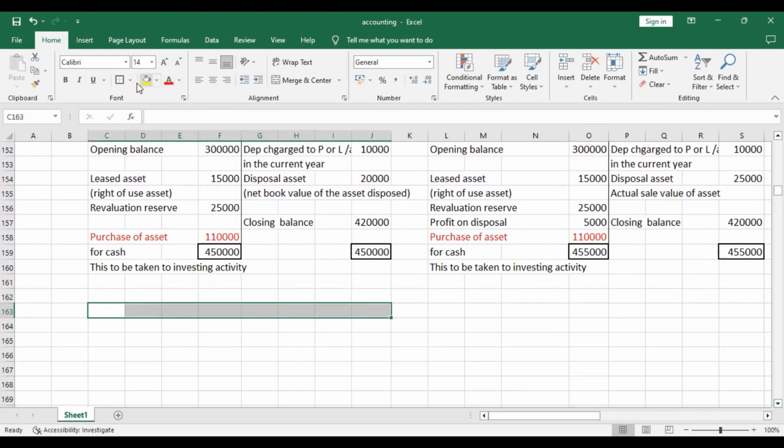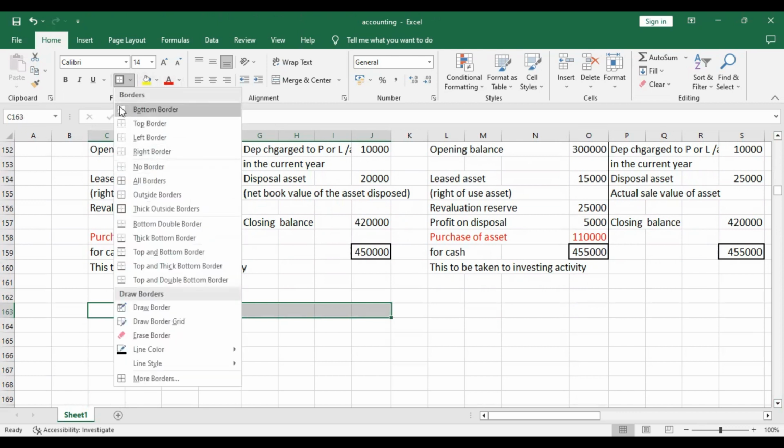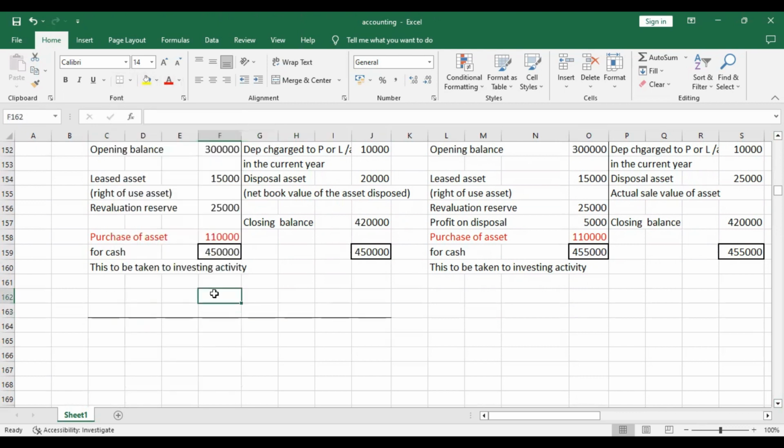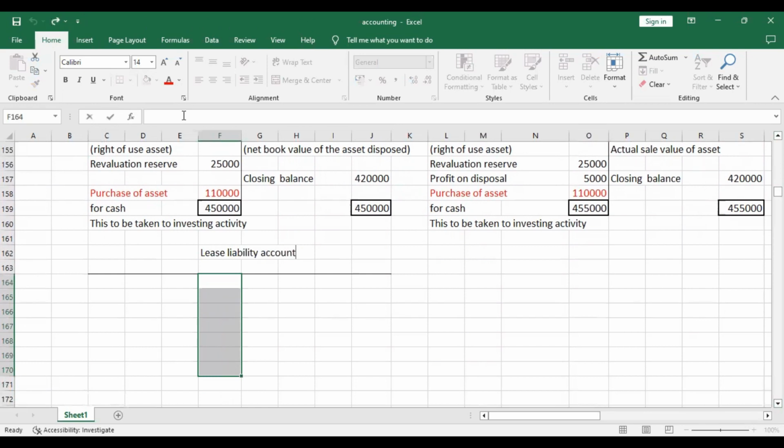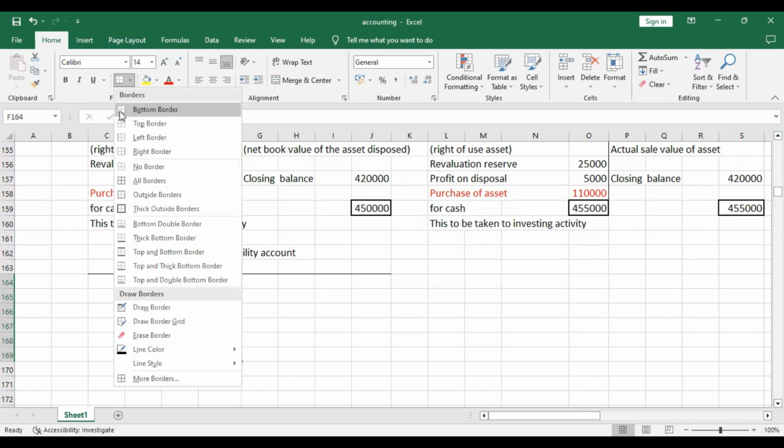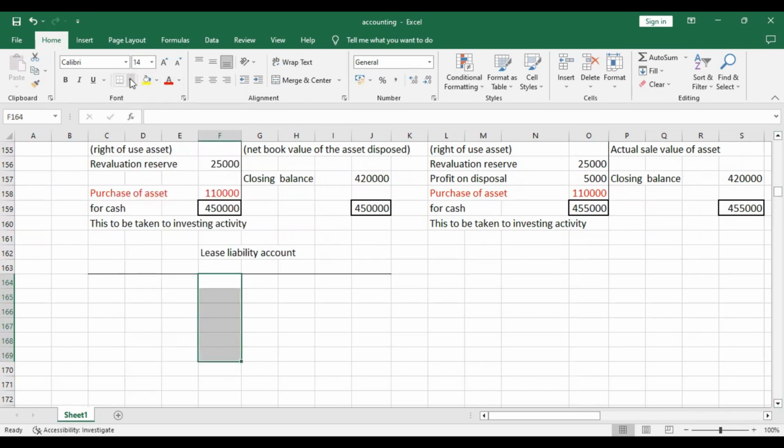One more account, lease liability account. Then opening balance, credit always. Why?